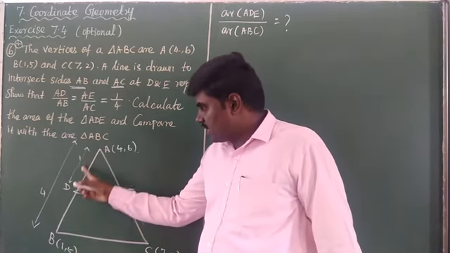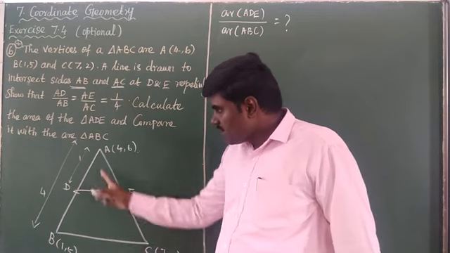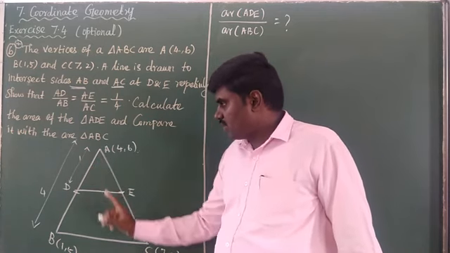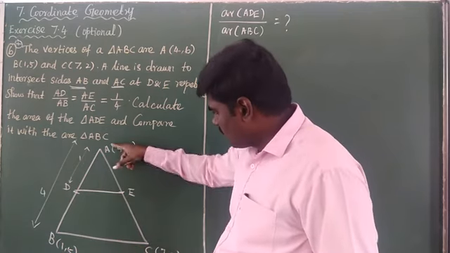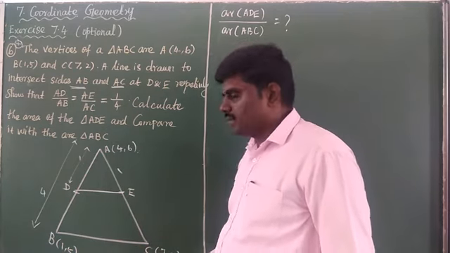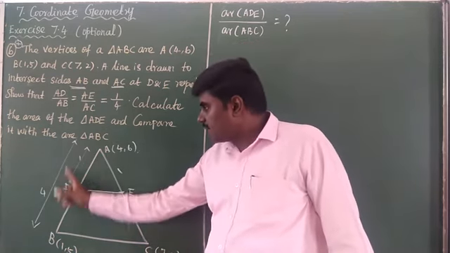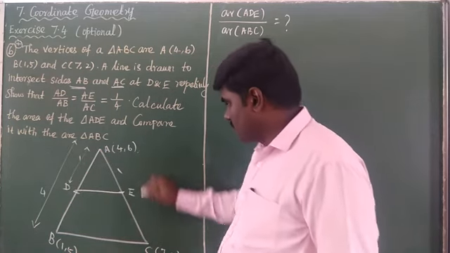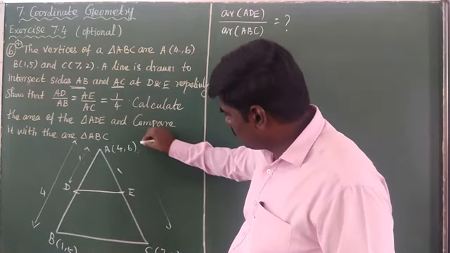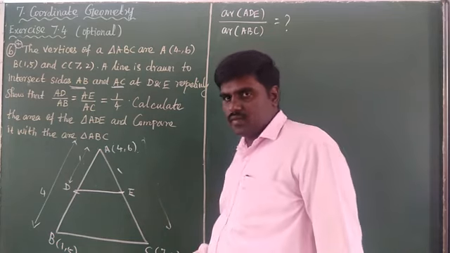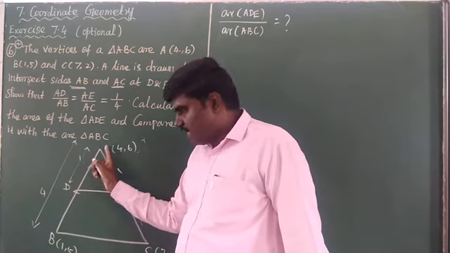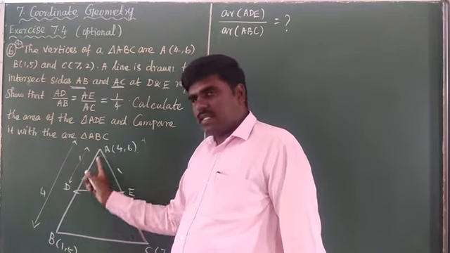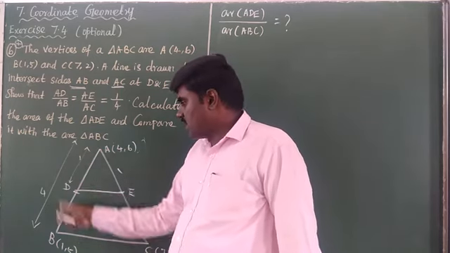Here, what's the ratio? The ratio is AD, that side value 1. Here AE, side value 1. In the same way, AB, the total side, is 4. Here the corresponding side, AC, is also 4. So when I compare in a triangle, the sides are equal.